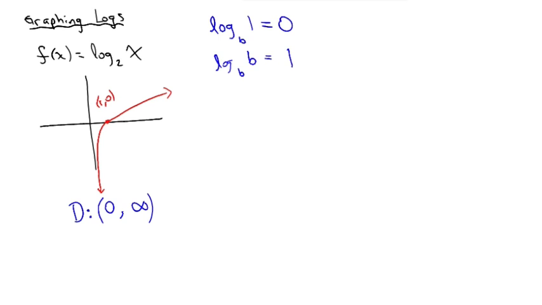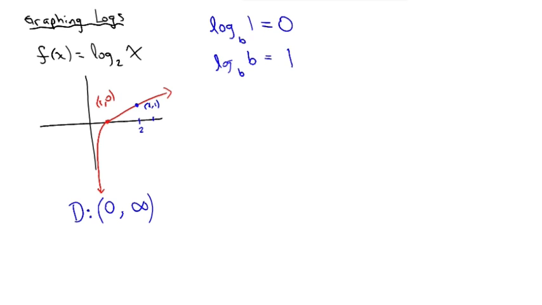So basically what that tells you is if you go out b units, or in this case 2 units, your coordinate here is going to be (2, 1), because what power do you raise 2 to get 2 is 1. If you go out to 4, what power do you raise 2 to? 2. For 8, you have to go a little further, 3. And you can see how it's slowly growing.